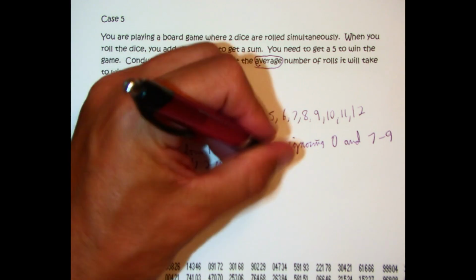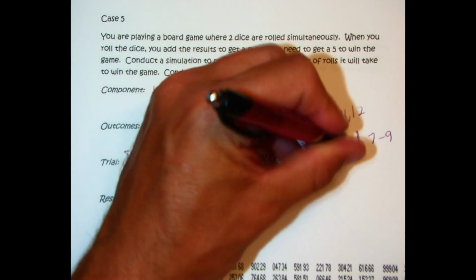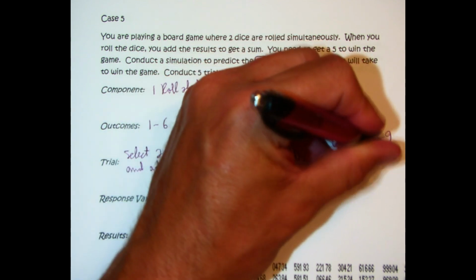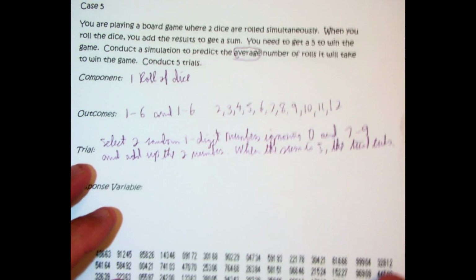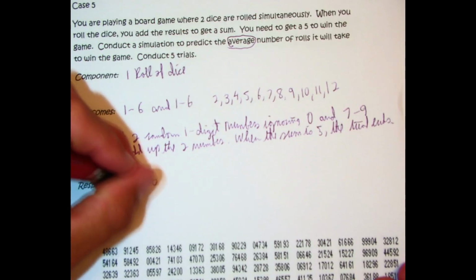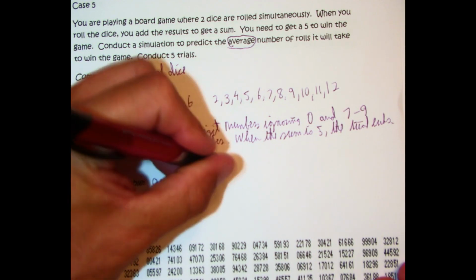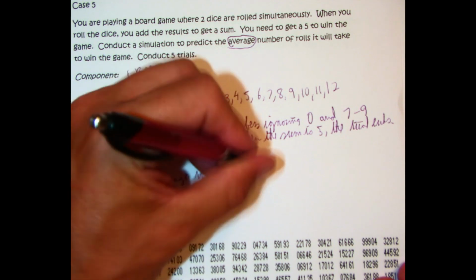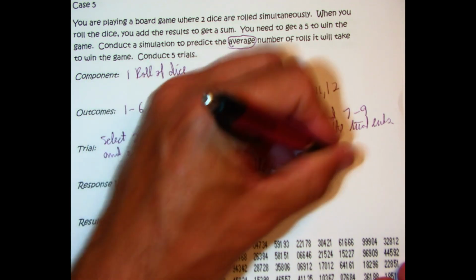When the sum is 5, the trial ends. Okay. The response variable is the average number of rolls to get a sum of 5.